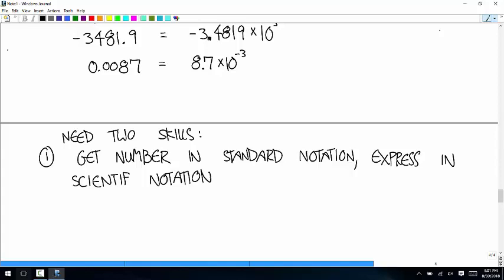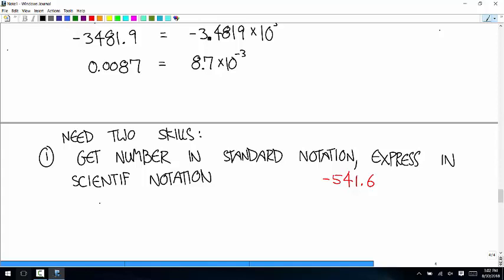And as I go through, it's just going to be 2 steps. As I go through these 2 steps, I'm going to use the example negative 541.6. So that's the number we're given that we want to put into scientific notation.